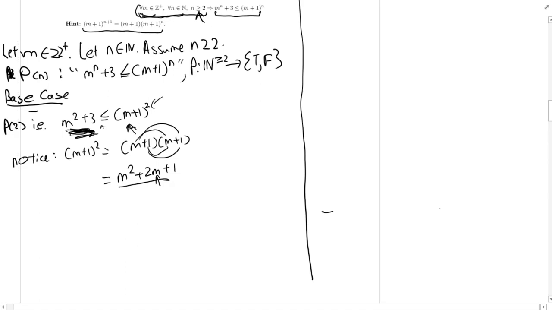So then we know that 2m plus 3 is smaller than or equal to m squared plus 2m plus 1, since m is an integer. You can pause the video for a second if you don't understand it, but if you write it out, you'll be able to see the truth of this. And this is equal to (m plus 1) squared. So then we proved the base case.